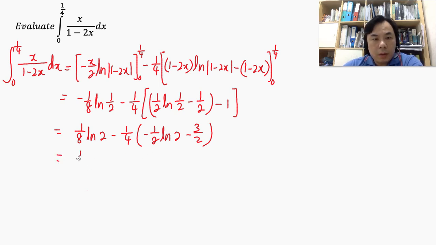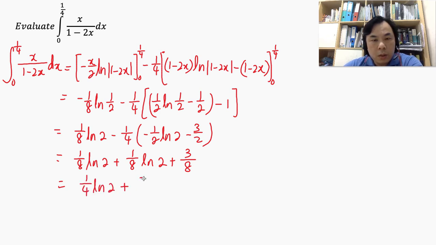Then after that, from here I get 1/8 ln 2, and then I will have 3/8 here, and from here I will get 1/4 ln 2 plus 3/8. Just let me check if I got everything correct. Is that correct? It's positive.